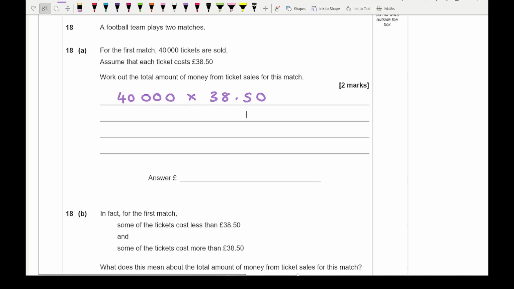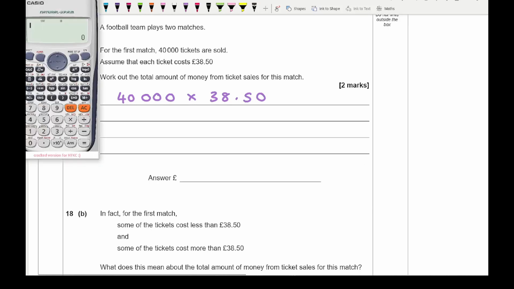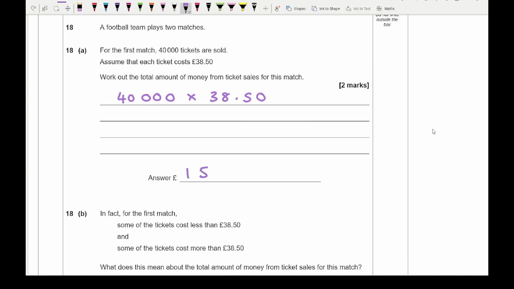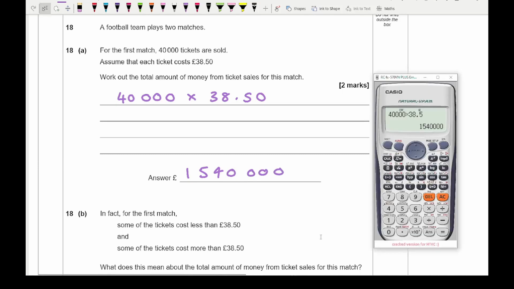If I type that straight into my calculator, we've got 40,000 multiplied by 38.5 equals, and we get 1.4 million. Let me just double check I've got the correct number of zeros, 4 zeros, yeah.